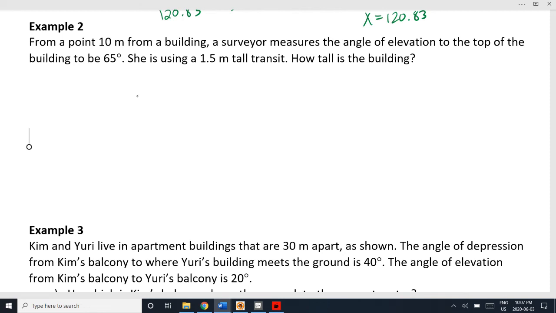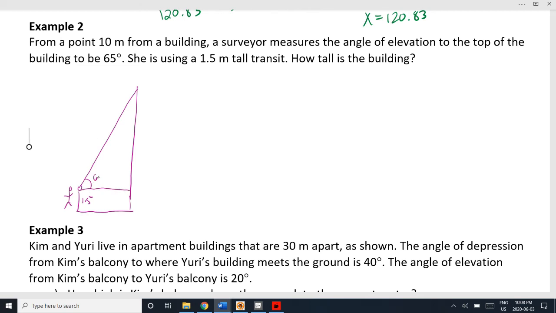So we have some building here. We'll draw the edge here. We have a person standing down here 10 meters away, and they're using a transit that's 1.5 meters off the ground. Okay, so we know this is 1.5, and from the transit, they're looking up, and we know this angle here going across is 65 degrees.